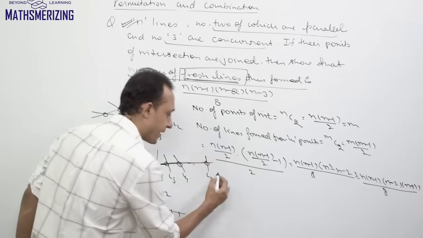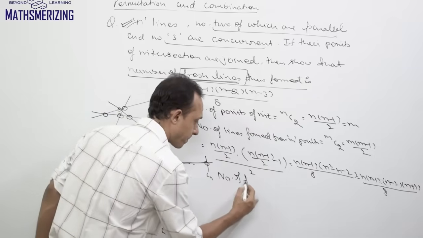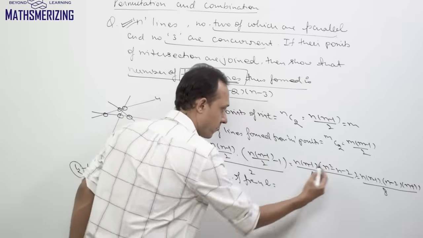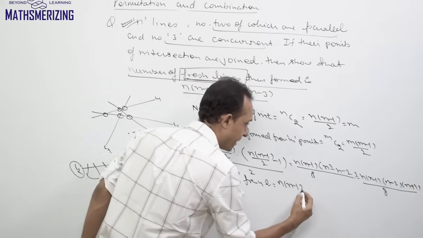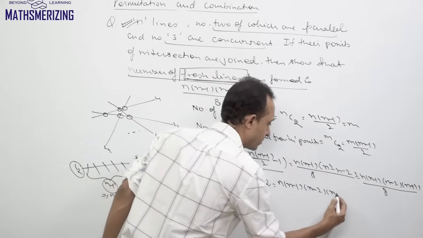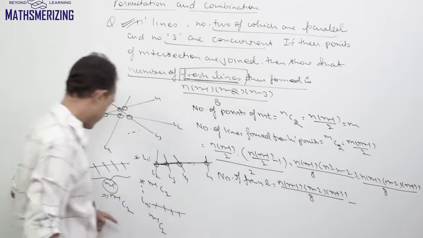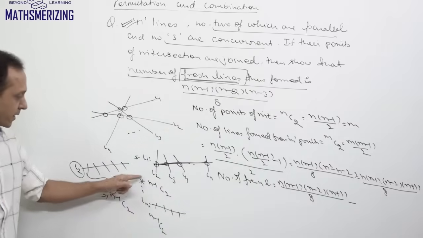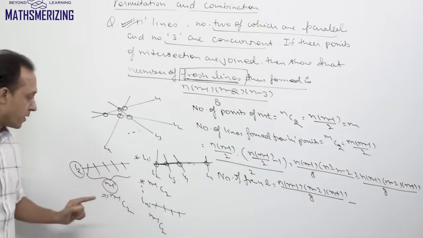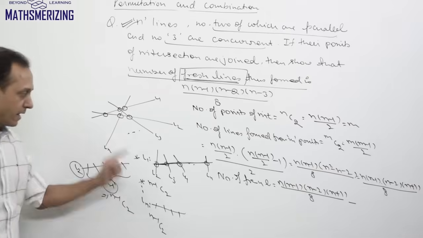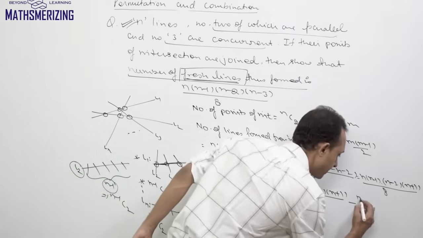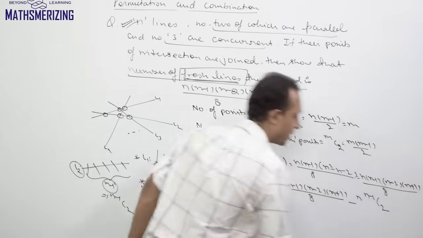So the number of fresh lines will be given by the total lines n(n minus 1)(n minus 2)(n plus 1)/8, and then minus n minus 1 C2 for L1, n minus 1 C2 for L2, n minus 1 C2 for Ln. So it will be n into n minus 1 C2.